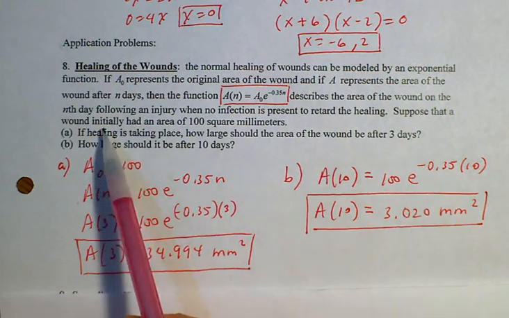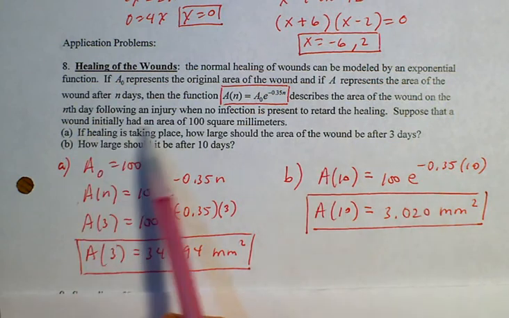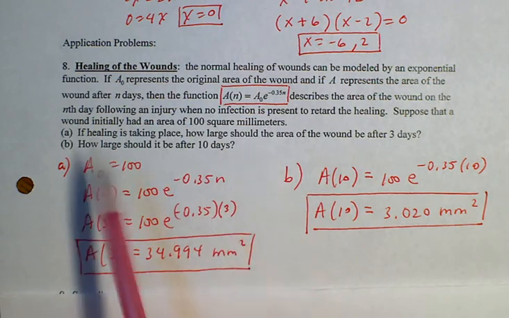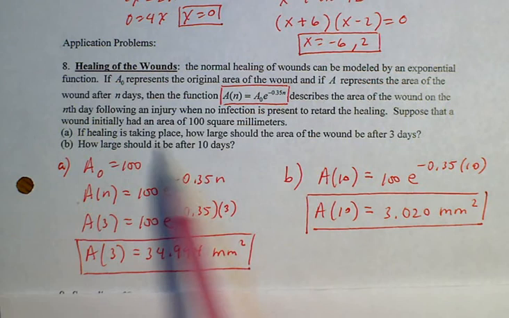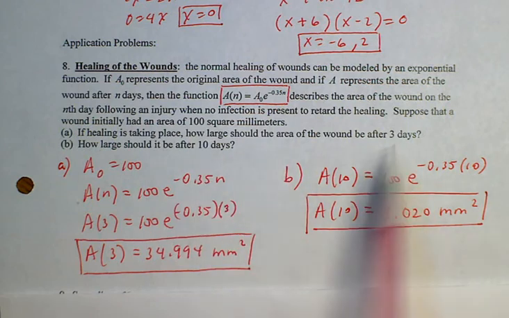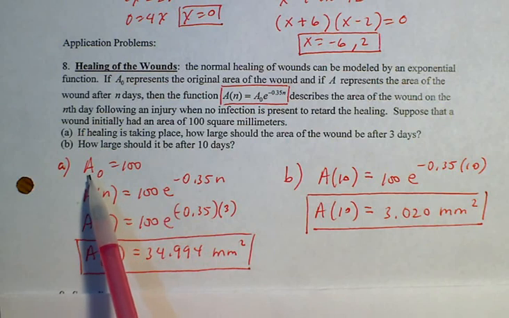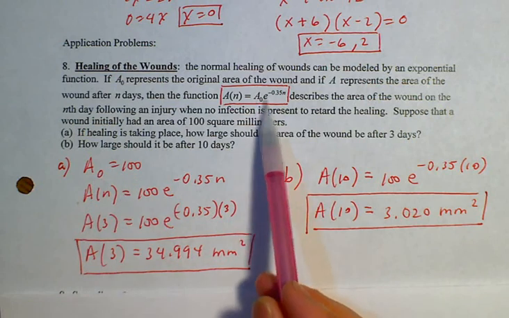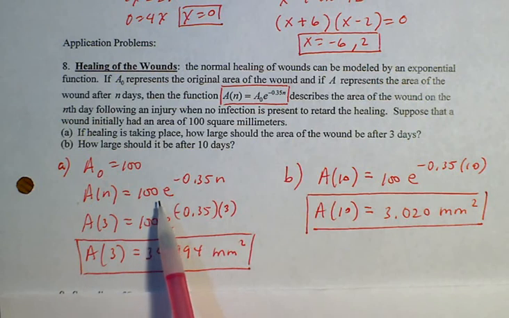Suppose that a wound initially had an area of 100 square millimeters. So the first part is, if healing is taking place, how large should the area of the wound be after 3 days? So I'm going to write down that the initial area of the wound, a sub 0, is equal to 100. And then I take this equation that's given, and in place of the a sub 0, I'm going to put in 100.